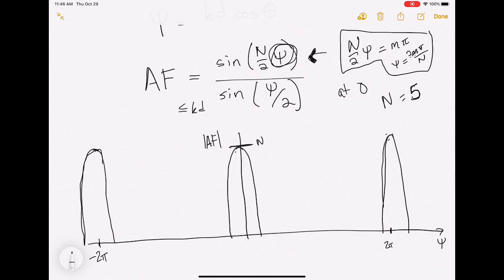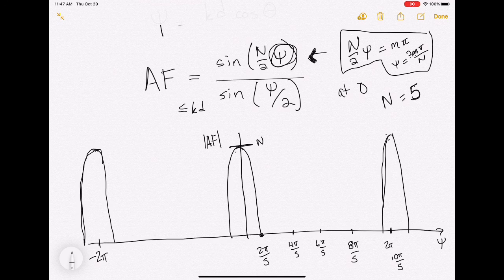So let's choose n equals 5 and see what that turns out to be. So 2 pi is actually 10 pi over 5 here. We're going to have a 0 right there at 2 pi over 5, another one at 4 pi over 5, another one at 6 pi over 5, another one at 8 pi over 5.